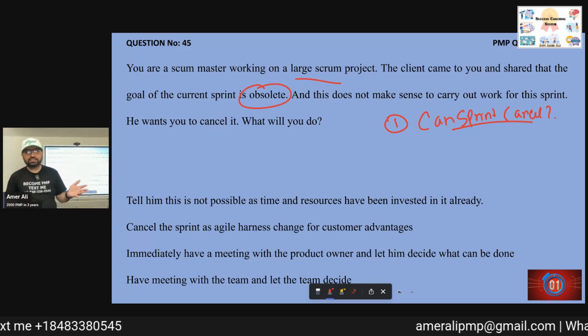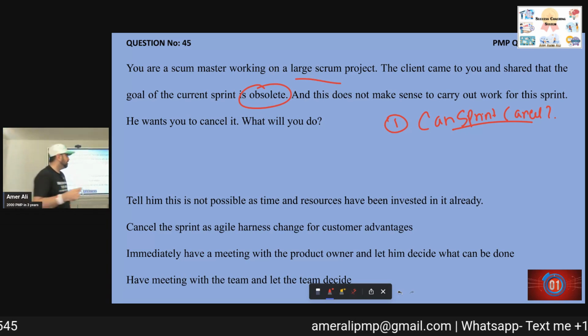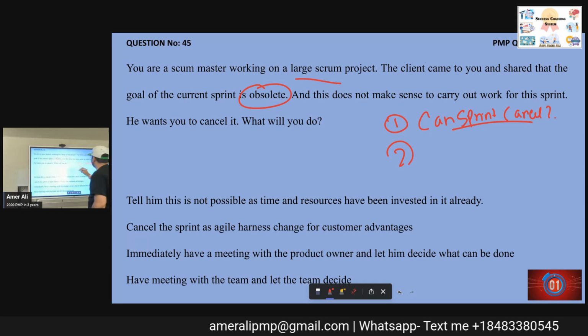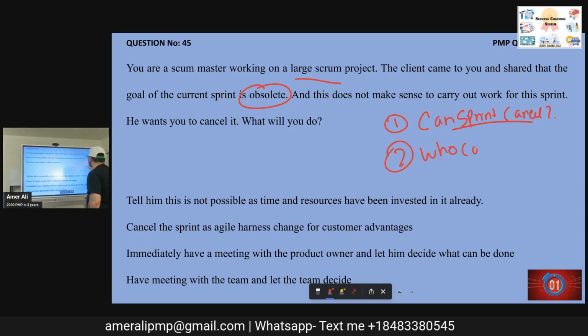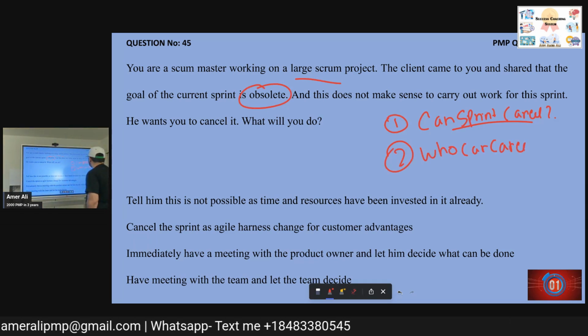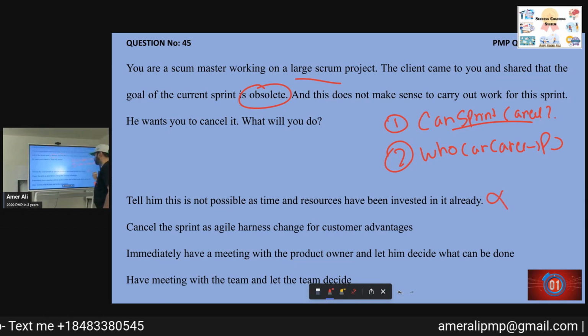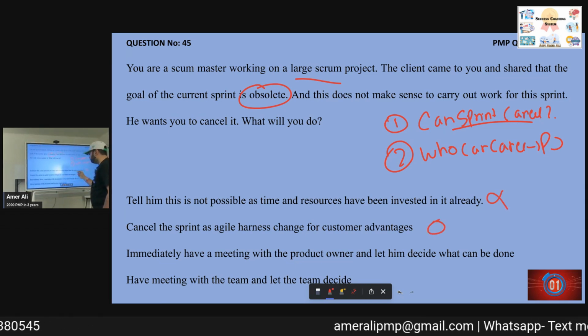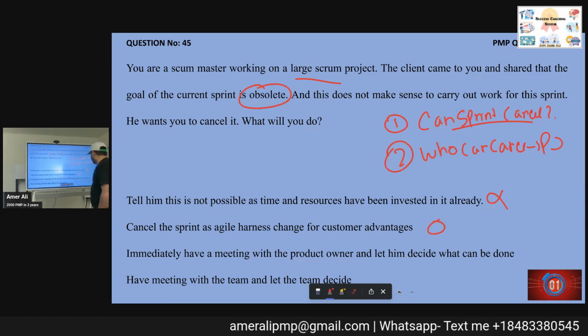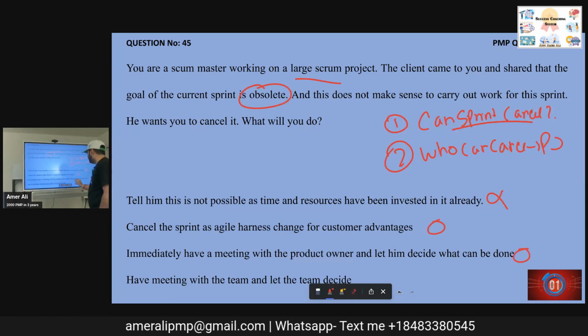Yes, it can be cancelled. Question: who can cancel it? Only the product owner can. Tell him it's not possible to cancel the sprint. Immediately have a meeting with the product owner.